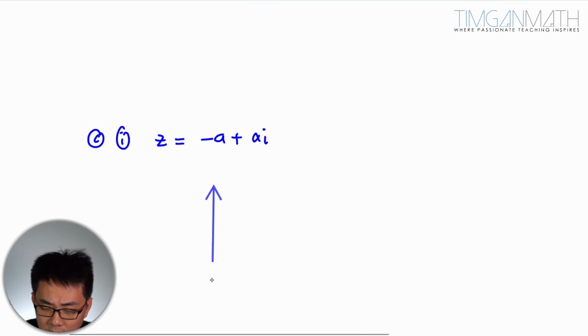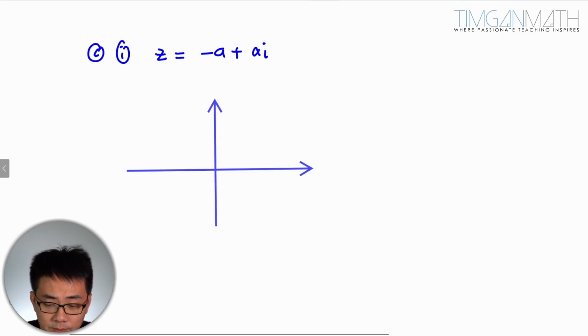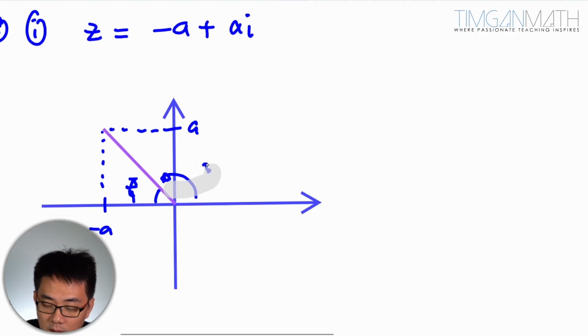What we're going to do is actually just draw this out. So minus a plus ai is in the second quadrant, right? This part is minus a. This is a. Then you go through this part. So this part here will be pi over 4. So very quickly, this is 3 quarter pi. So you get 3 quarter pi here.